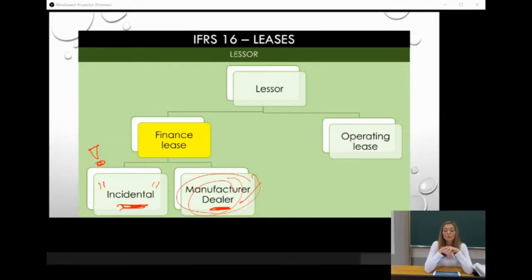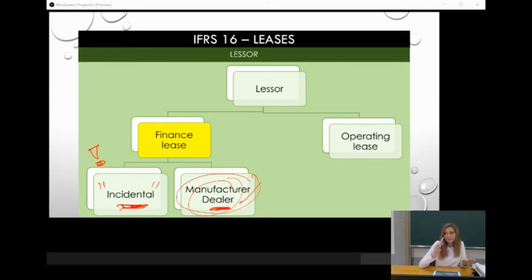So for our purposes, when we look at the tax, we will not look at installment sale agreements, the tax on that. We will look at the tax treatment of a lease. It's a little bit weird because you'll have to look at the transaction, the contract, to determine whether ownership transfers at the end of the lease.